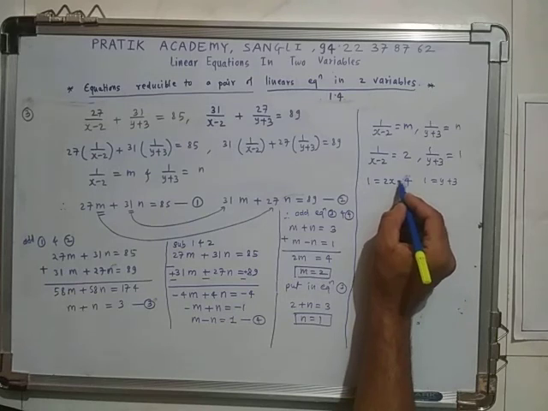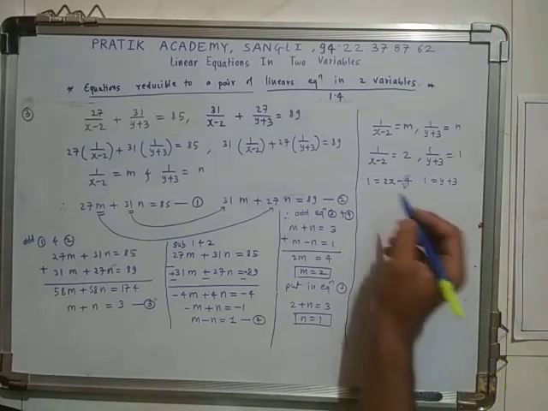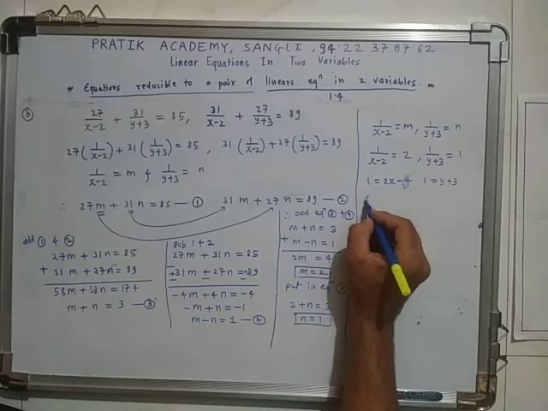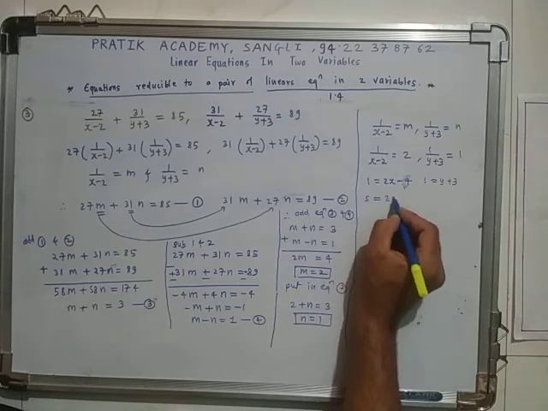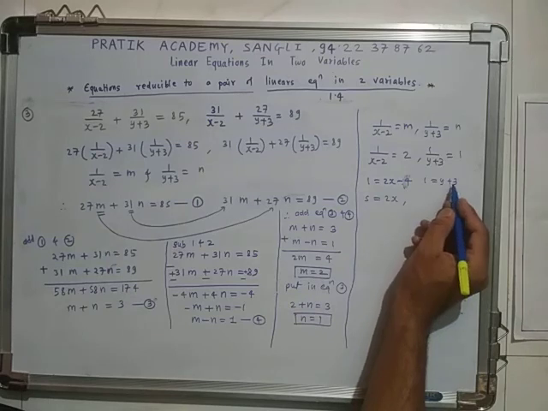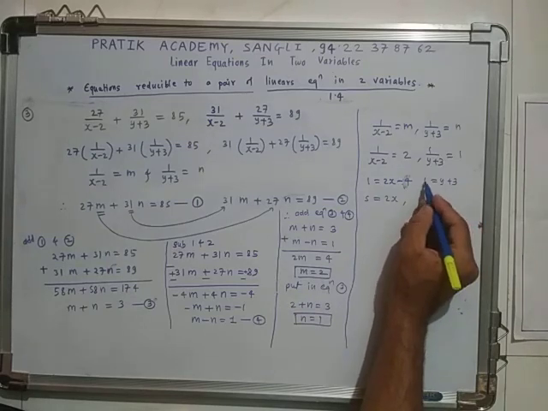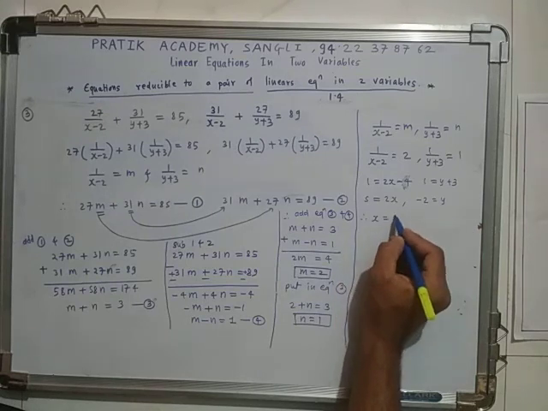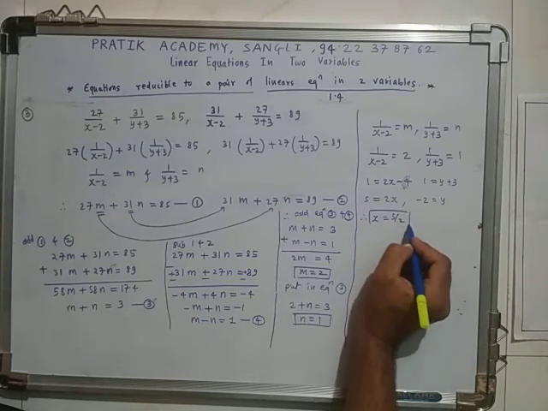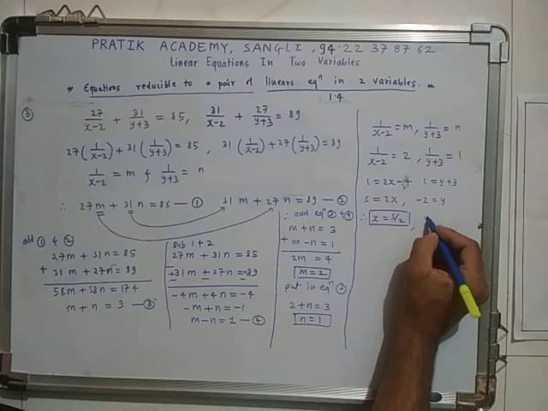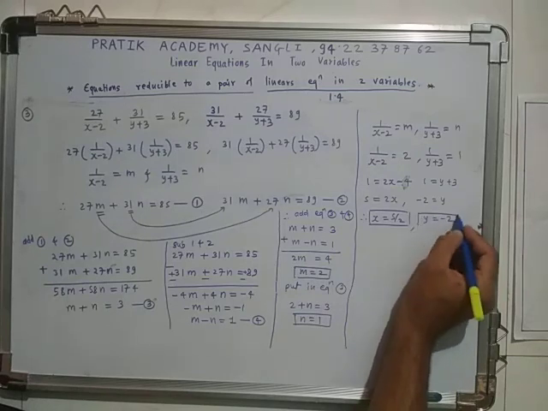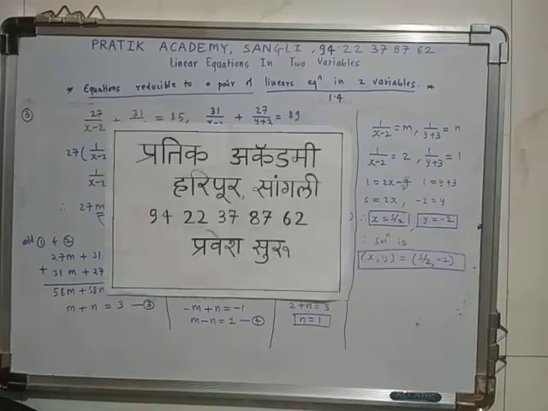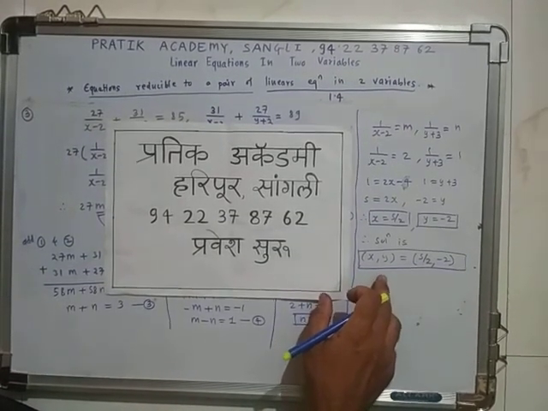So what will be the answer here? Minus 4 becomes plus, so 4 plus 1, 5 is equal to 2x, and 3 becomes minus here, so minus 3 plus 1, minus 2 is equal to y. So x is equal to 5 by 2 here, and y is equal to minus 2. So we got these answers. So this is the final solution.